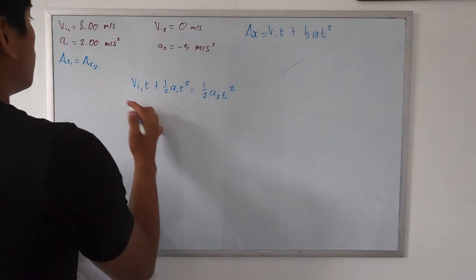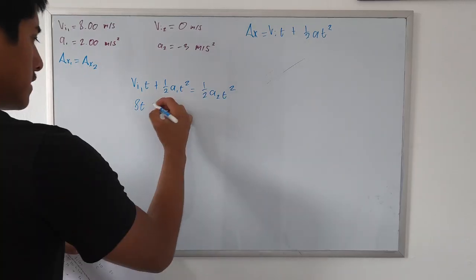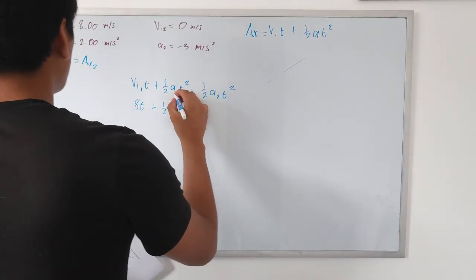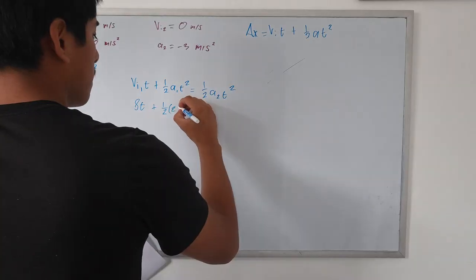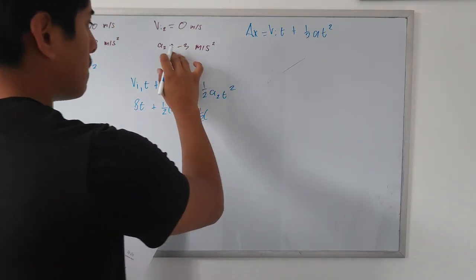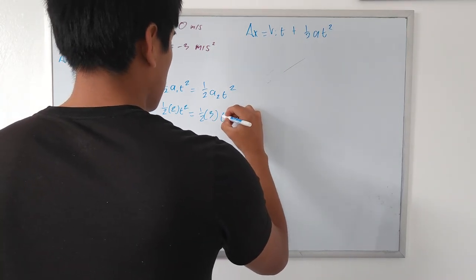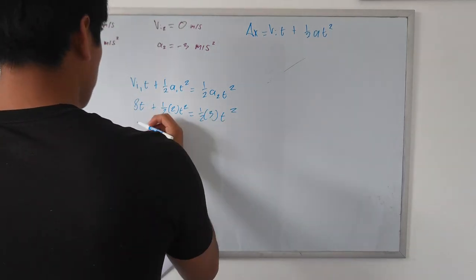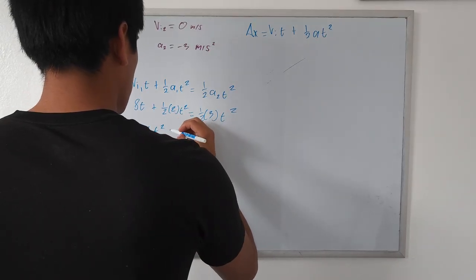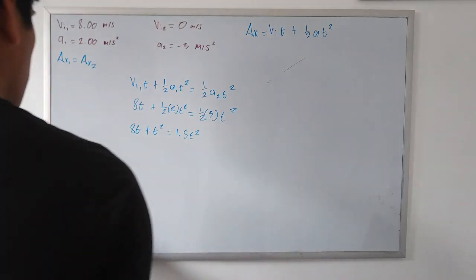The initial is equal to 8, bring the t down, plus 1/2, the a is 2, t squared. 1/2 of just the magnitude of this one is going to be 3 t squared. To simplify this, we have 8t plus t squared equals 1.5 t squared.